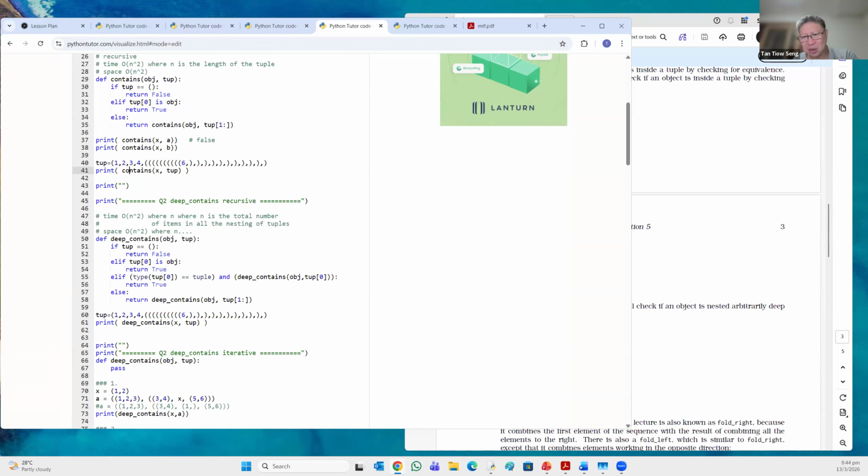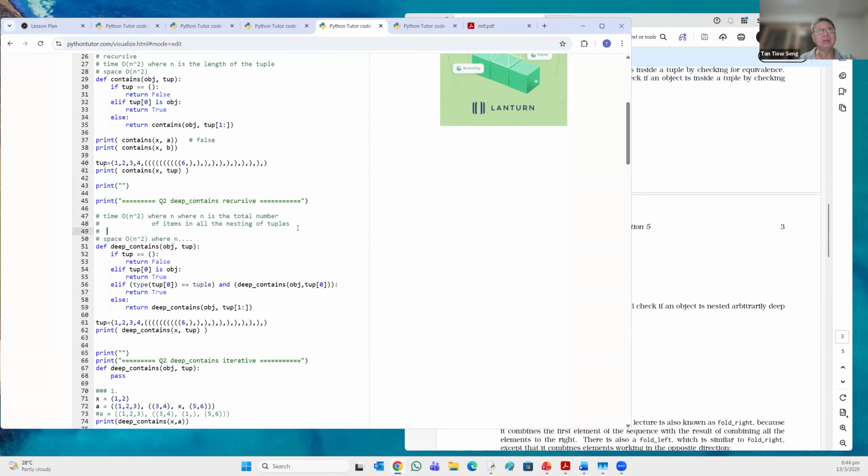So somebody say something. Is the worst case scenario for this input tuple a very deeply nested one or a very long tuple? The deepness can give you extra stack items. The longness gives you the slicing. So it looks like the longer it is, the more it contributes to the n squared. That gives me an idea about time.